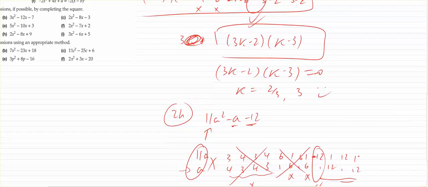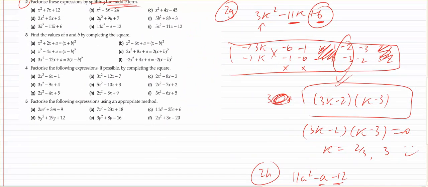Now, question 3 is basically asking you to find the value of a and b. So if I have x squared plus 2x plus a, if I expand the other side, I get x squared plus 2bx plus b squared.